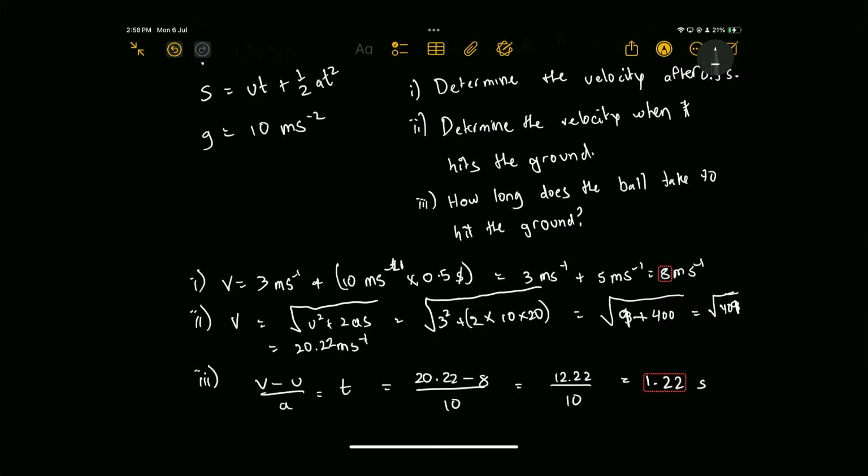Okay, now, this question is a question where the ball was dropped vertically downward, right? So this is in one direction. Now we also covered two-dimensional motion, right? So motion in the x-axis and y-axis.